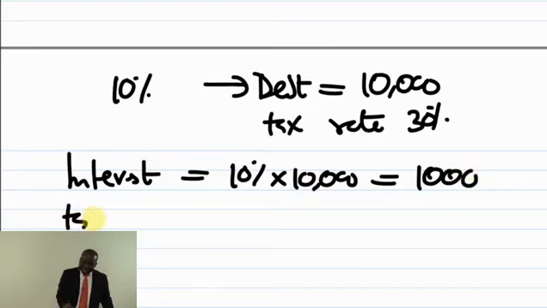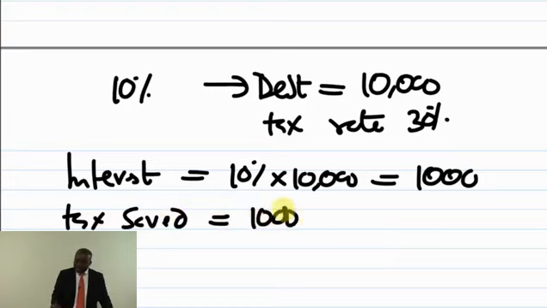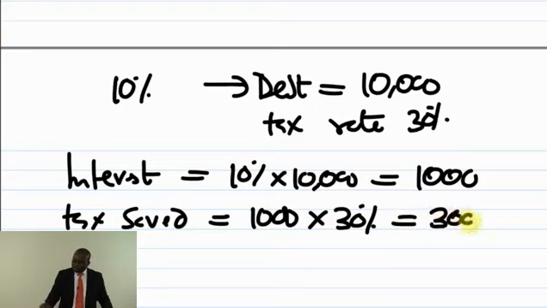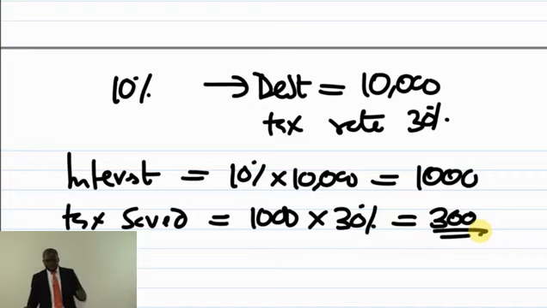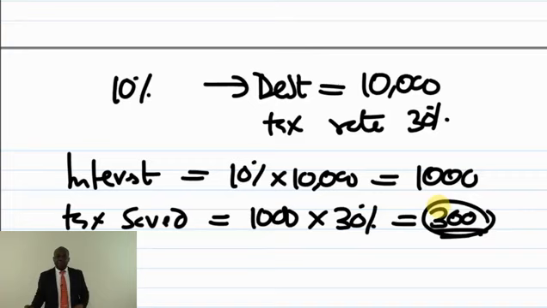What is the tax saved? Tax saved is always the expense, which is the interest, multiplied by the tax rate, which equals 30% of this, which is 300 now. So every year I am going to save tax of 300.